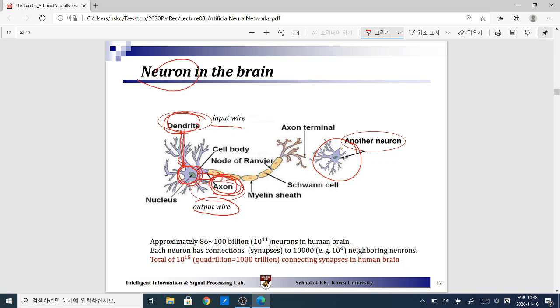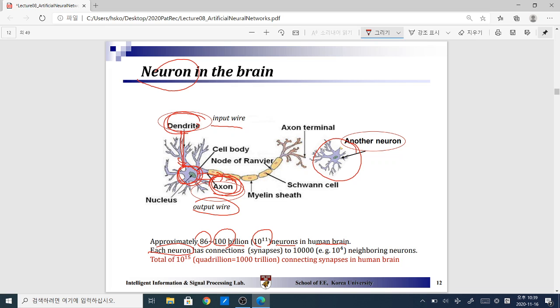Now we have roughly 86 billion neurons on average in a human brain. As a rounding number, we can just say it's about 100 billion, which is 10 to the 11th power for each human brain.